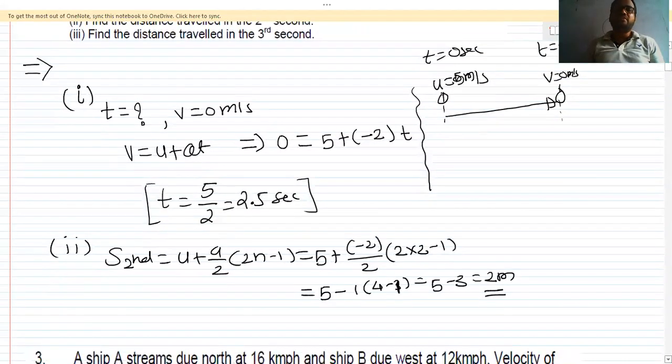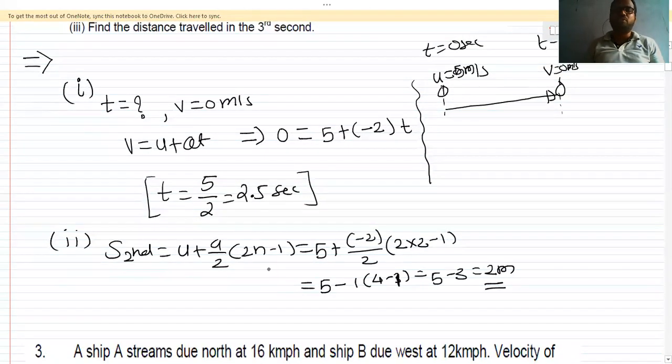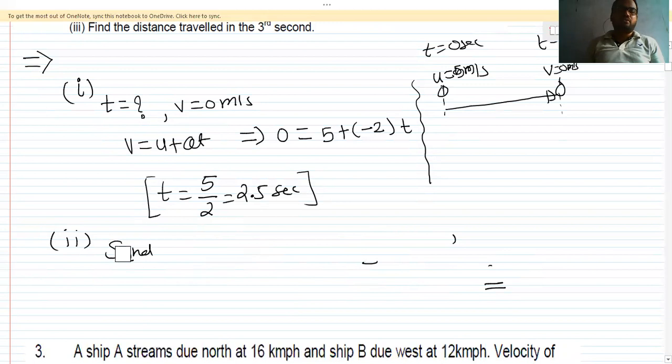And the last, find the distance traveled in the third second. I'm just erasing this and I'll write over here.